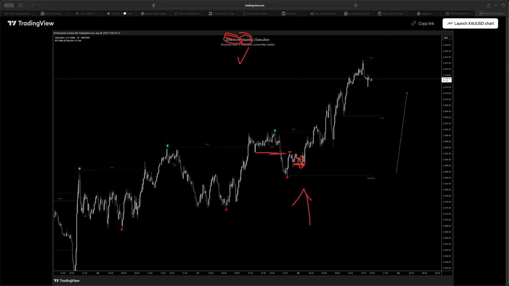And now you just figure out how to enter, whether it's an engulfing. If you're strict with direction and liquidity, you can be very flexible with the execution. You can even do break retest. It's not that serious. Once you have the direction, you know where the market's going, and you analyze the liquidity, then you have the timing. You just have to figure out an excuse to enter.